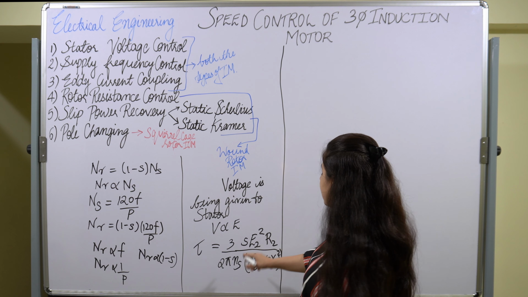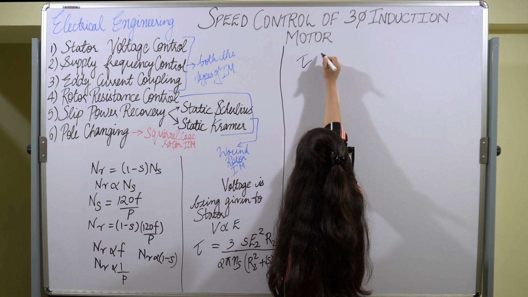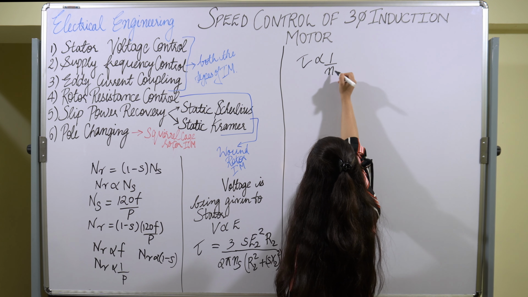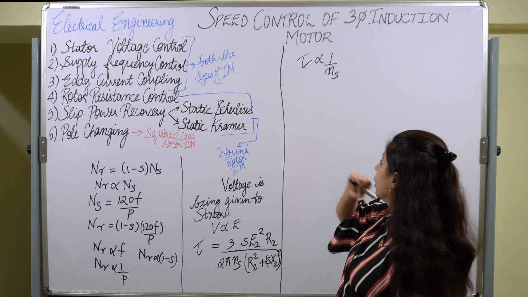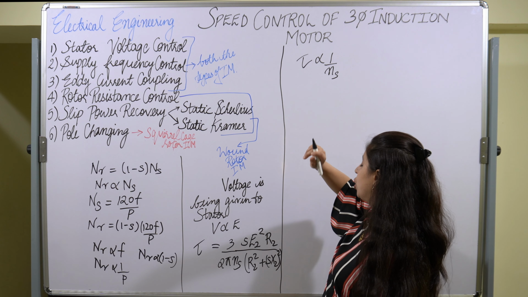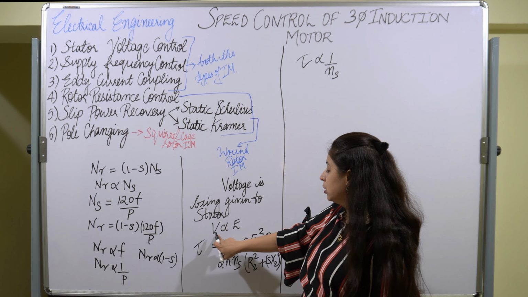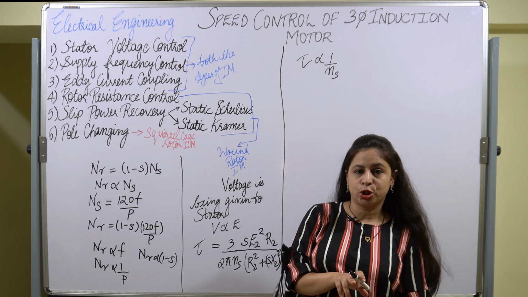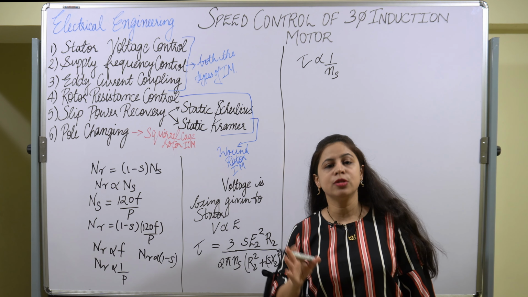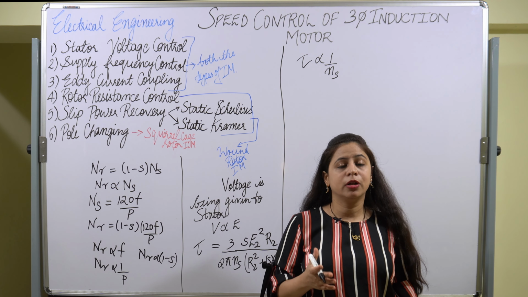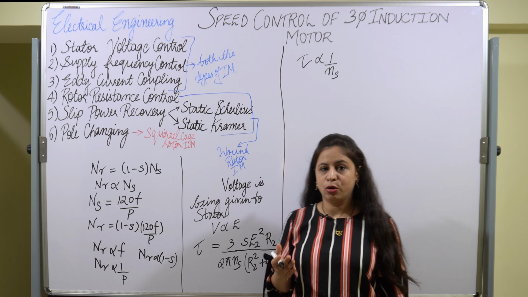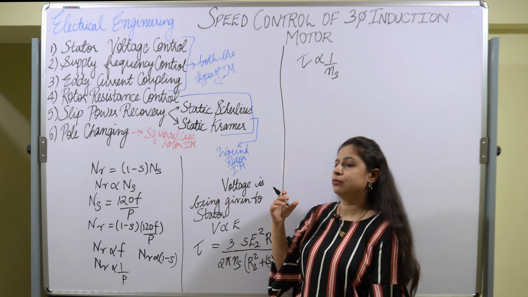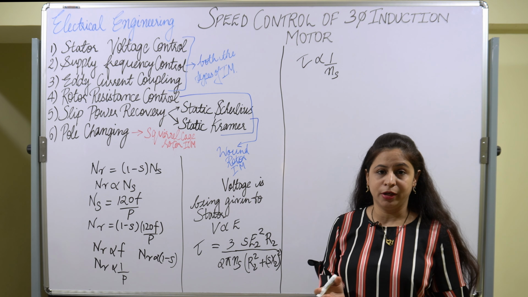So my torque is inversely proportional to the synchronous speed. But when I reduce my voltage, what will happen? The induced EMF will be reduced, so the current will be reduced.